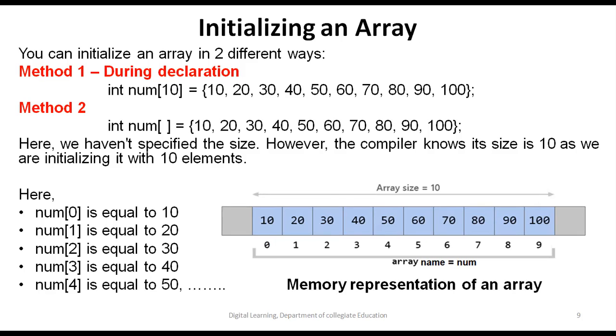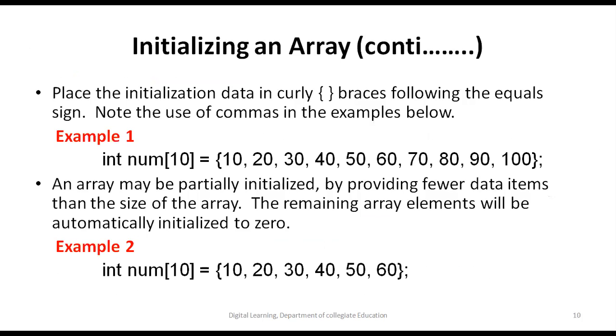But in method 2, we have not specified the size. Even then, the compiler will understand the size as 10, as we have enclosed 10 elements in the list. The diagram here shows the memory representation of an array, and this representation can be shown either horizontally or vertically.